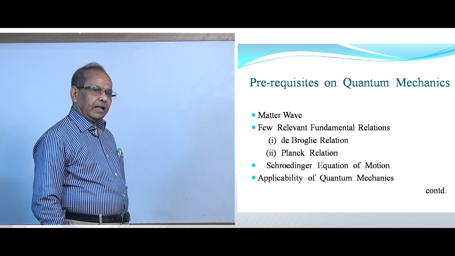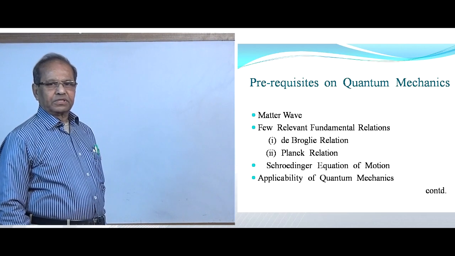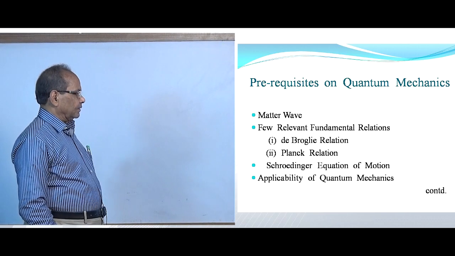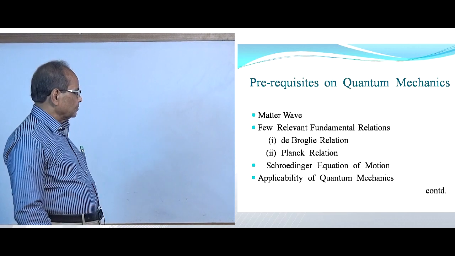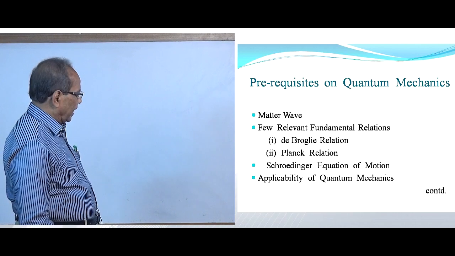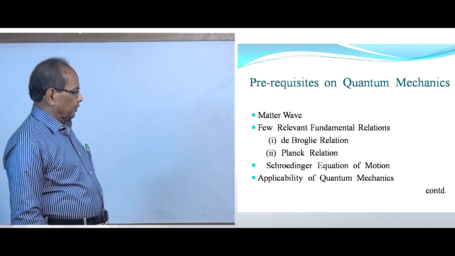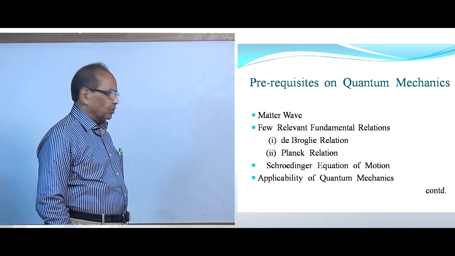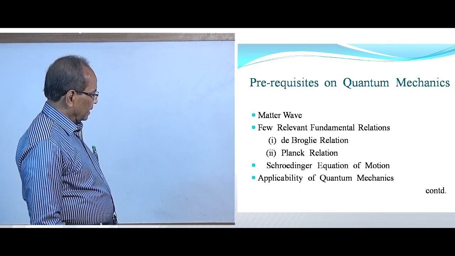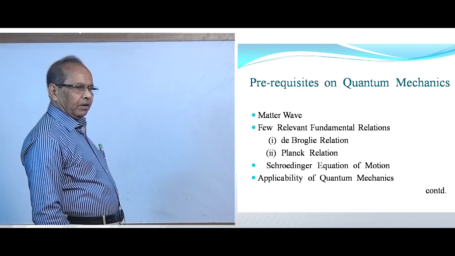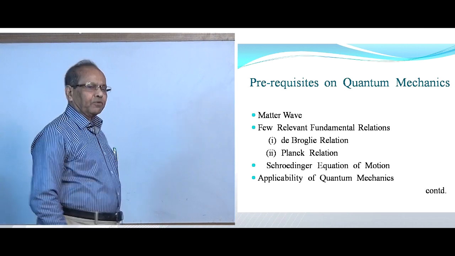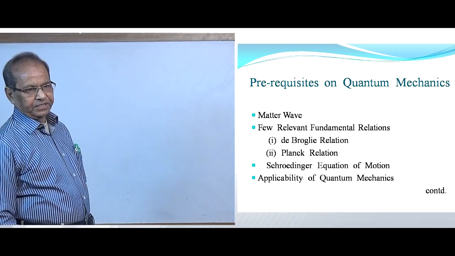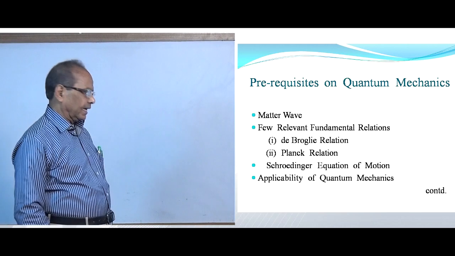I tried to give you some idea of what we mean by matter wave, then some fundamental relations like the de Broglie relation, Planck relation, and also I discussed the Schrödinger equation of motion, and a few words about where quantum mechanics is to be applied. It is very effective, not the classical mechanics.